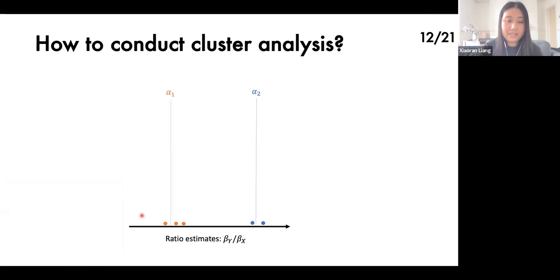Those 5 ratio estimates are denoted by those 5 circles above the line. Also in this example, we assume that from exposure to the outcome, we have 2 different causal effects, which are alpha 1 and alpha 2.